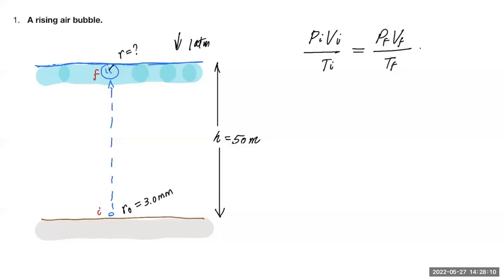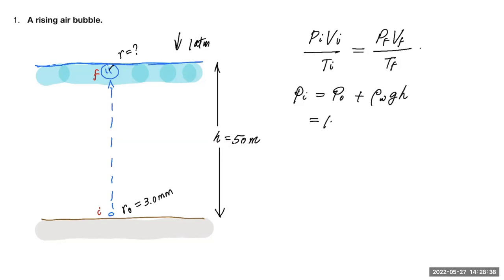And also we know that with every 10.3 meters of increase in depth, the water pressure rises by 1 atm, right? So here we have 50 meters. So what is the pressure at the bottom? P initial equals P naught, which is 1 atm, plus rho water g h.